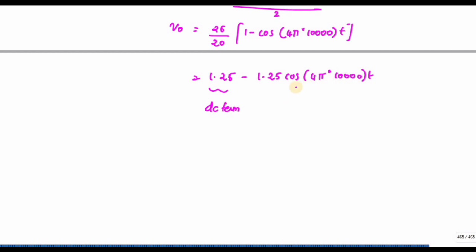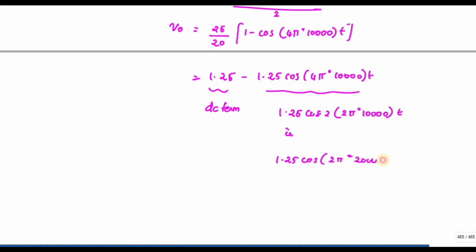And this whole term I can write as 1.25 cos of 2 into 2 pi of 10,000 t. That is nothing but 1.25 cos of 2 pi into 20,000 t. So, you can see the frequency gets doubled.